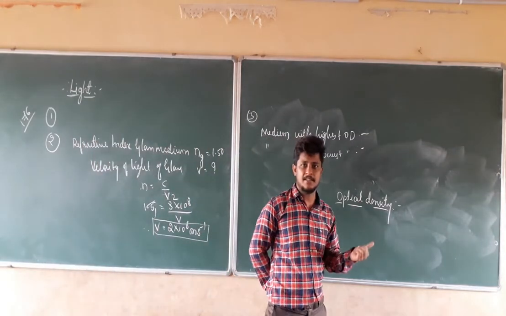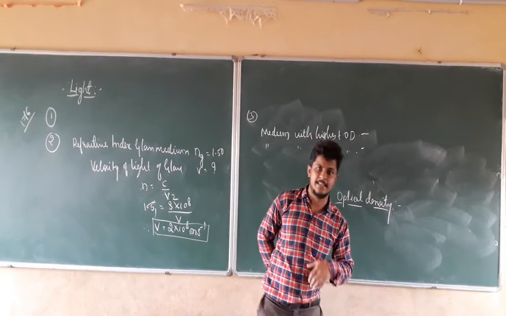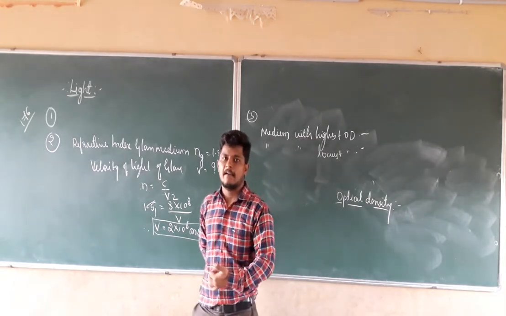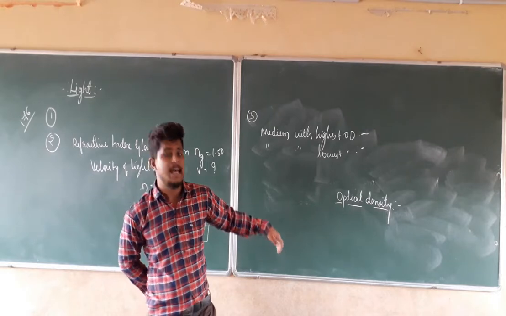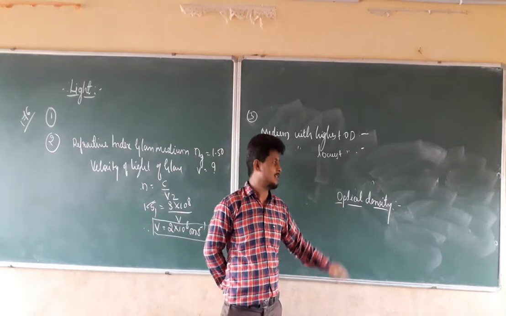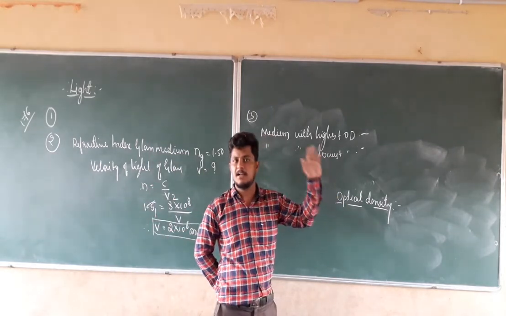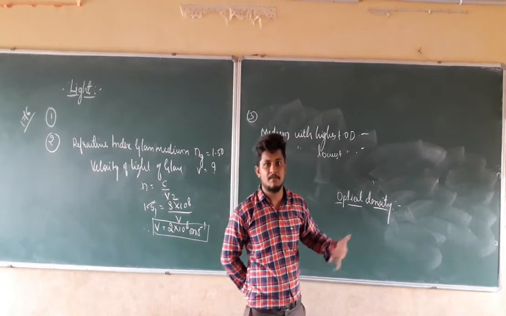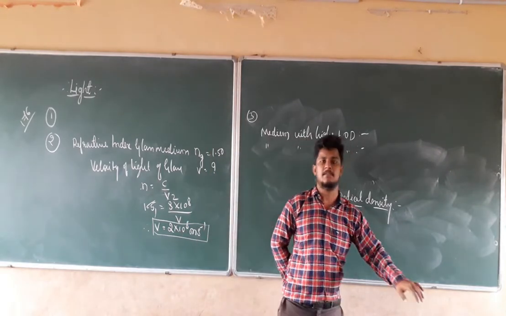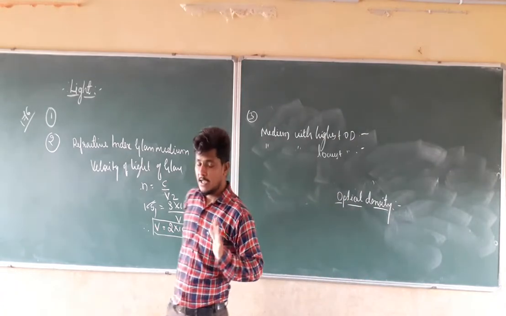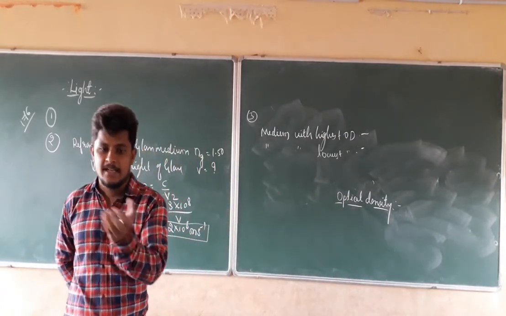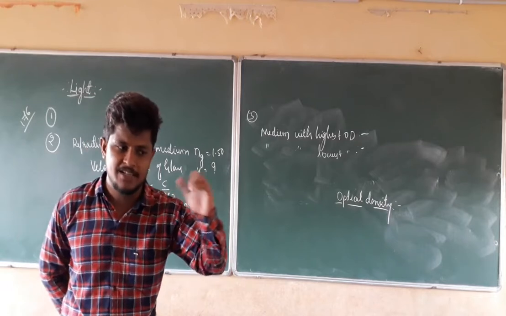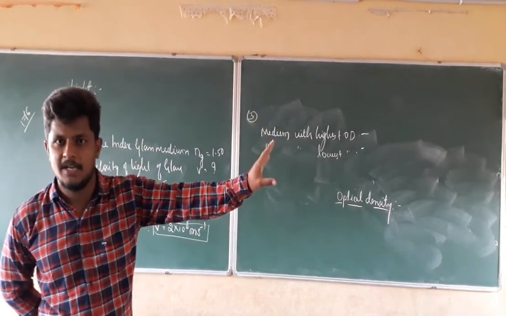Density is mass divided by volume, but optical density is the density where we take the parameter as light. Optical is nothing but light. It is the measure of the light which is traveling in that medium.